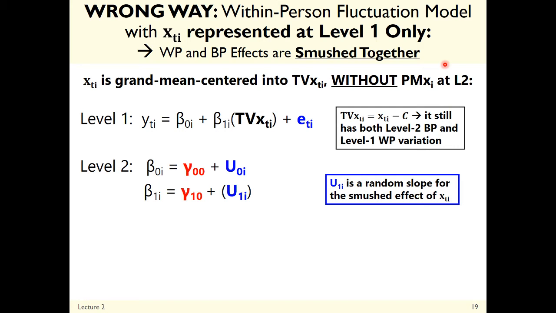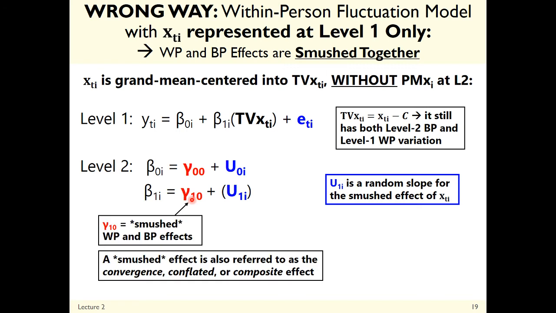I put it in my level 1 model because I'm thinking of it as a time varying predictor, and I don't do anything at level 2. So I've only given it 1 coefficient to do the work of 2 different variables. So that 1 coefficient is what I call the smushed effect. It's the between effect and the within effect smushed together.